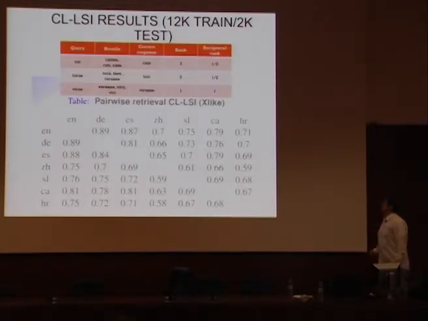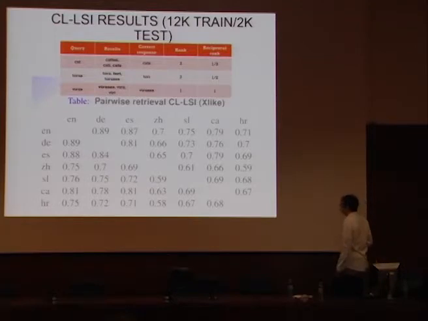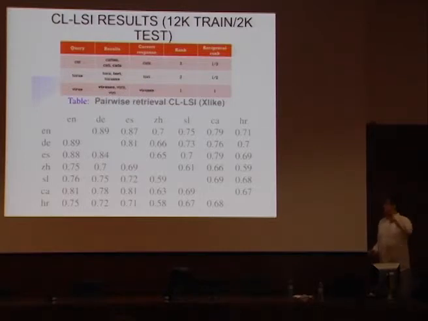So here are some results of this. This is, in fact, the measure of the accuracy, this mean average precision score. So probably everyone knows that. You have one document, and the corresponding document, for example, in another language.